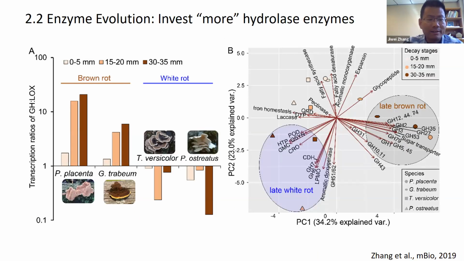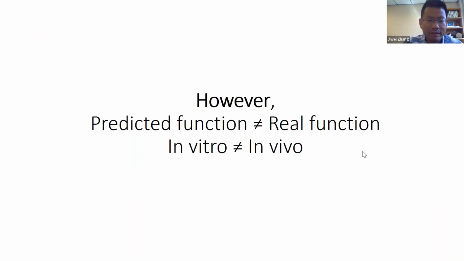We also tested another possibility, that brown rot can invest more energy to produce more hydrolases, and this is about RAC. However, the predicted function is not equal to the real function, and in vitro function by the cell-free system is not equal to in vivo.